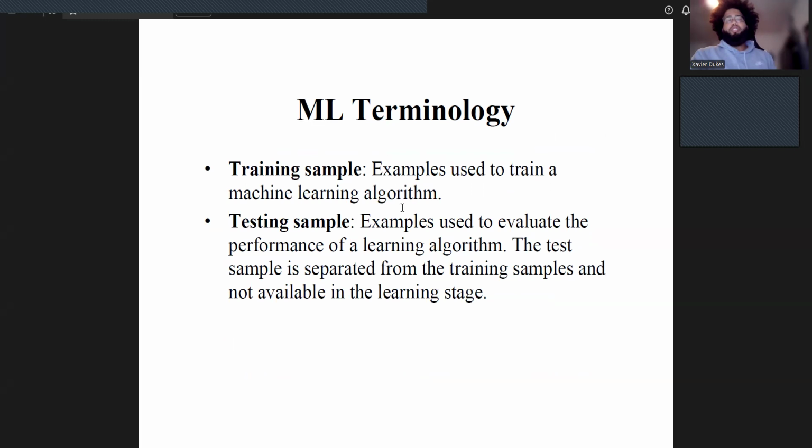A little bit more machine learning terminology. You have the training samples, or examples that are used to train, and then you have testing samples. And typically in training and testing, let's say I have 1,000 images.